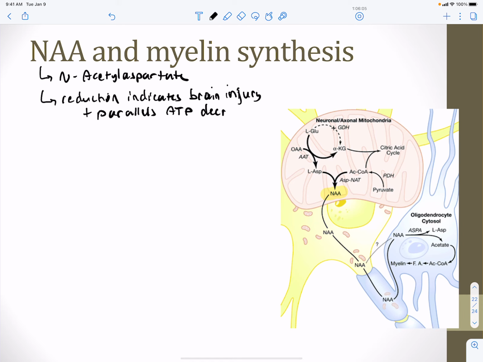And the reason it parallels ATP decrease is because NAA is a reservoir for acetyl-CoA.